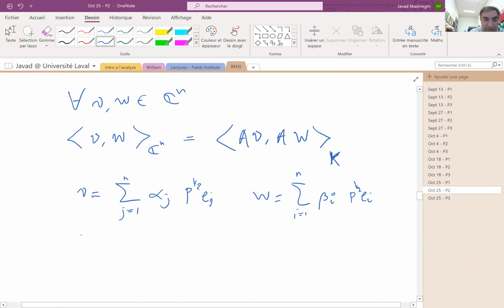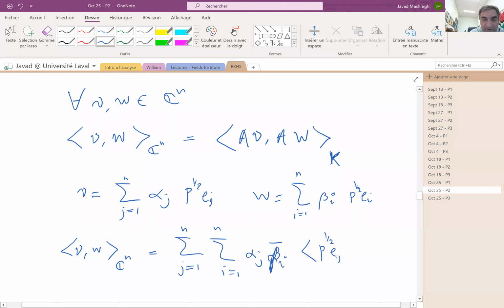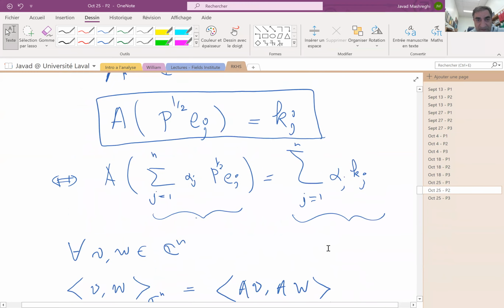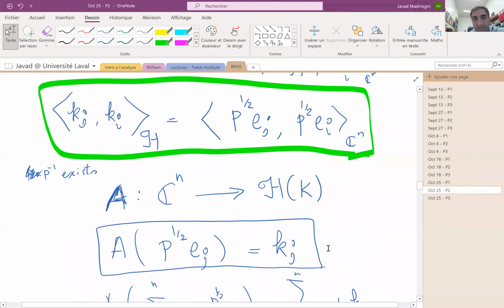And now we calculate the left side, V inner product W in C^n. It will be sum j from 1 to n, i from 1 to n, alpha_j beta_i bar, P^(1/2) e_j, P^(1/2) e_i in C^n. That's just expanding. And we know what this is; it's written here.